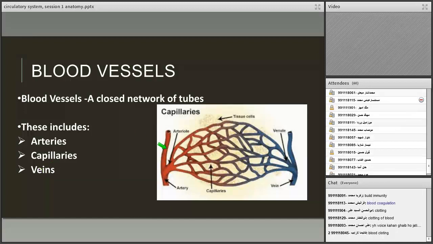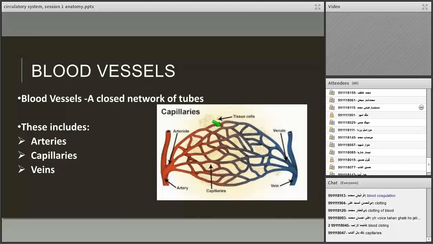Here, in this picture, we can see the arteries. There are some branches that are connecting to the arteries. Look at here, the arterioles. They are smaller than big arteries. And then, after many branching, they will become the capillaries, the arterial capillaries.